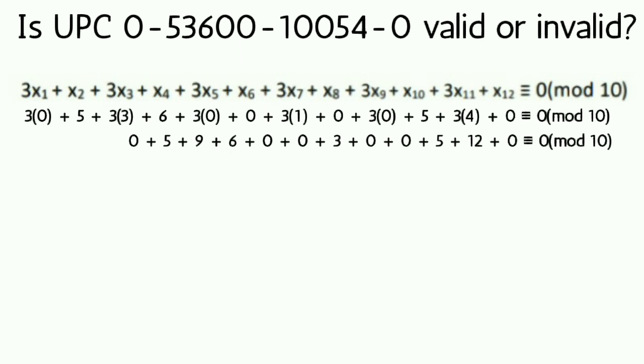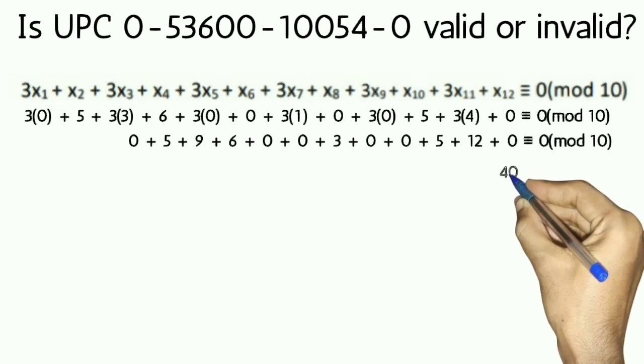That is 0 plus 5 plus 9 plus 6 plus 0 plus 0 plus 3 plus 0 plus 0 plus 5 plus 12 plus 0, which is equal to 40.